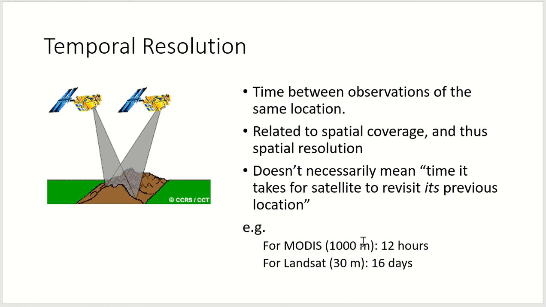Contrast those daily observations from MODIS with the revisit period or temporal resolution of Landsat. Landsat data are typically available at a 30-meter spatial resolution, so the pixel size is 30 meters by 30 meters. And those data are available for the same location every 16 days.